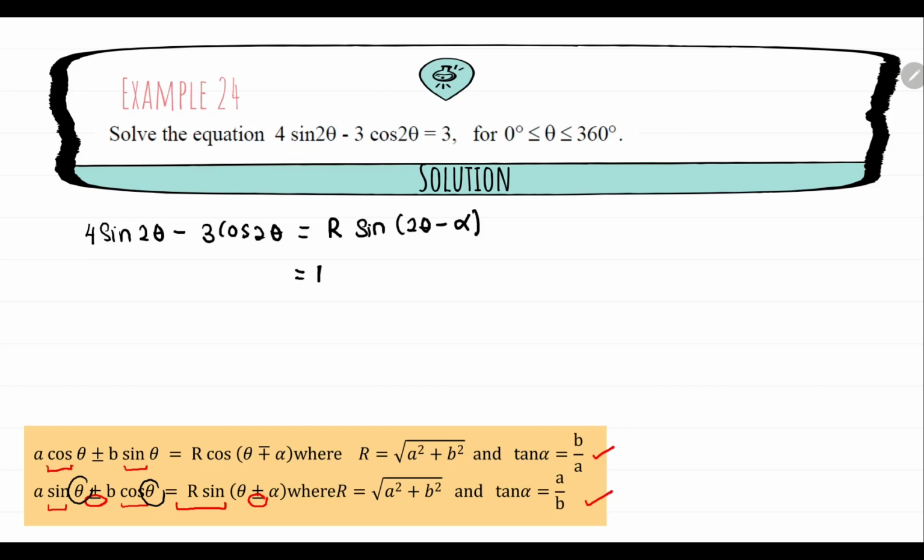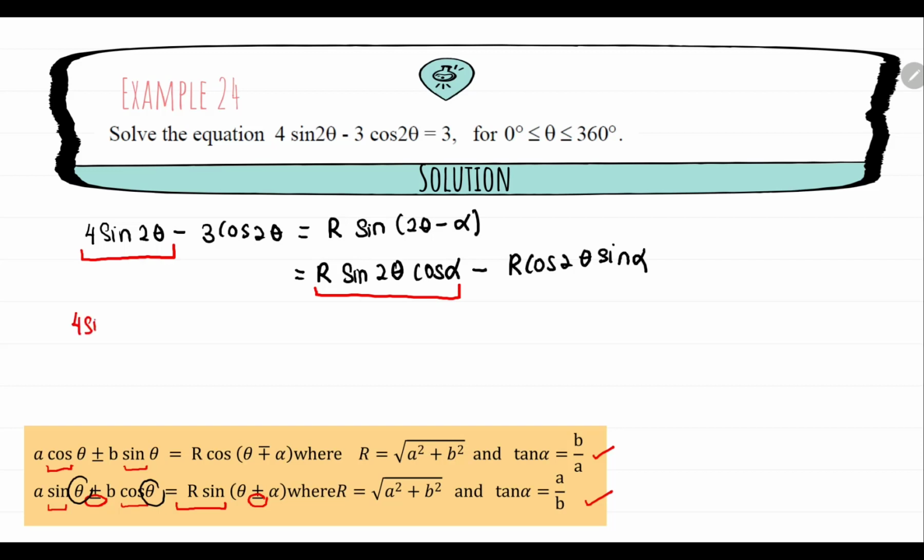Okay, next we're going to expand R sin(2θ minus α) using the compound angle. So we will be getting R sin 2θ cos α minus R cos 2θ sin α. Okay students, once we have expanded this, we're going to compare sin 2θ with sin 2θ.